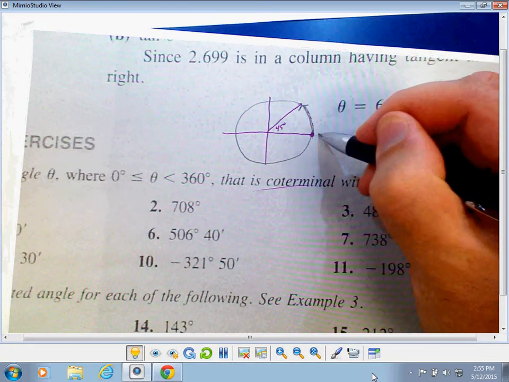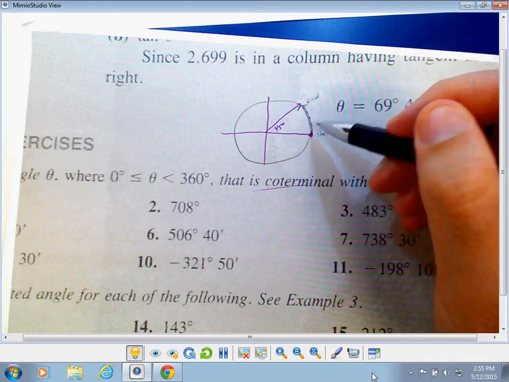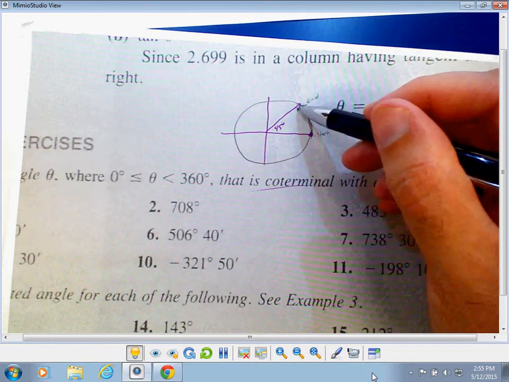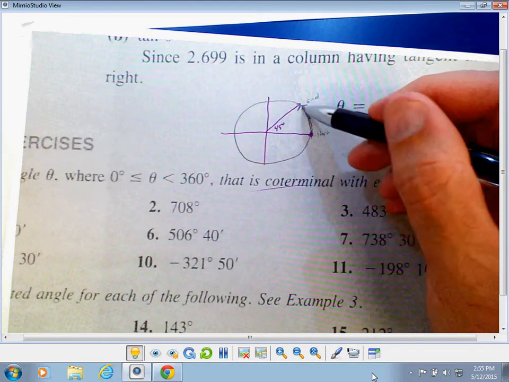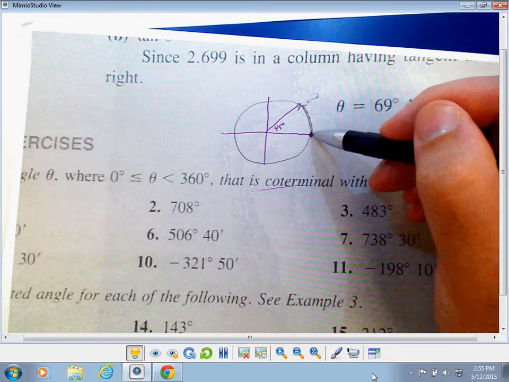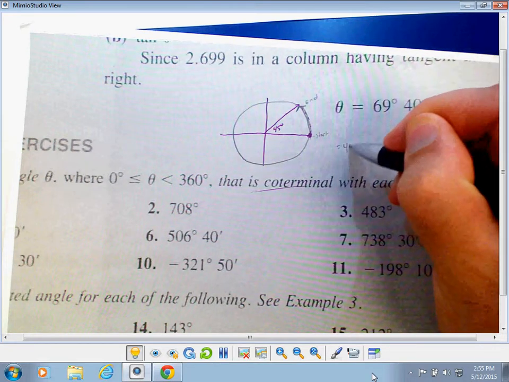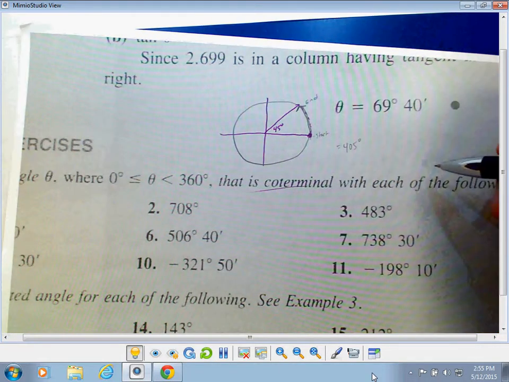So if you think about it as the start and the end, then I could get there by going 45 degrees, or I could get there by going all the way around 360 and then another 45, which would be a 405 degree angle.